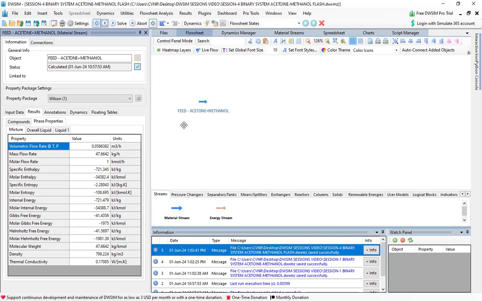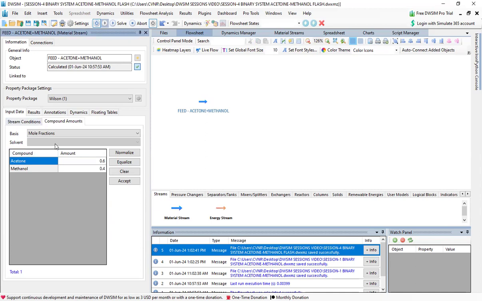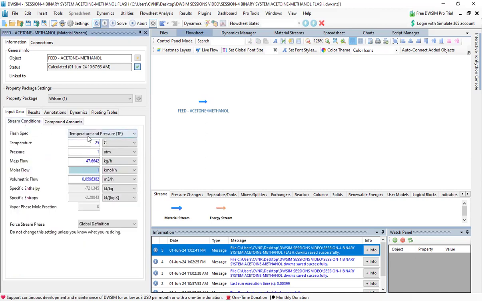So to find the bubble point and dew point first, in the results, I go to input data, stream conditions.